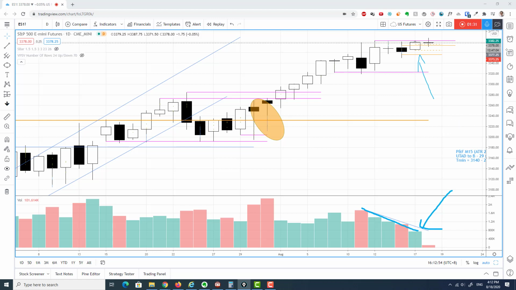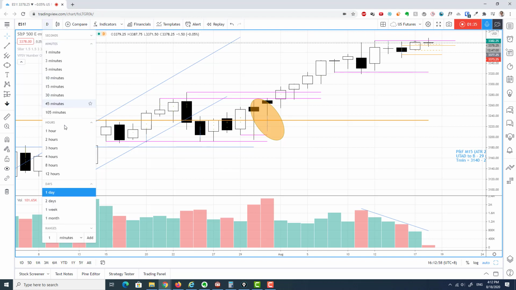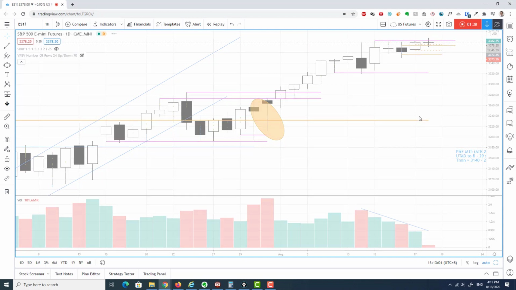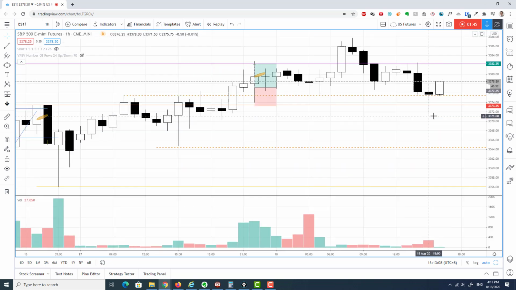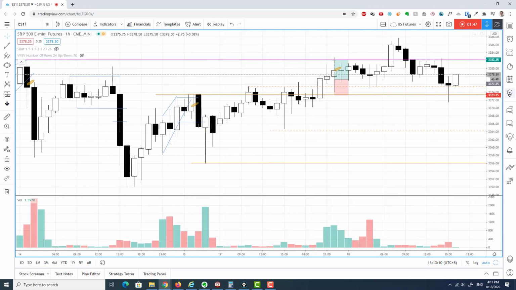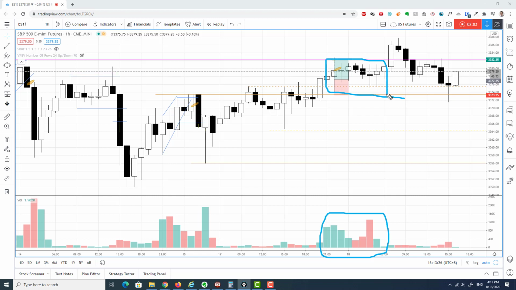Alright, let me get down to the hourly time frame, and I will elaborate a bit more on what's going on for the session yesterday. Yesterday during the US session was a relatively tight range. As we can see here, this is the US session, and from this bar onwards it is pretty much stuck within this little range. I think it's less than 10 points.